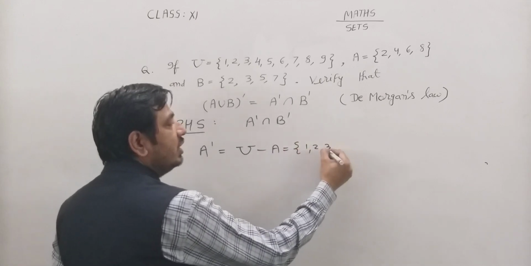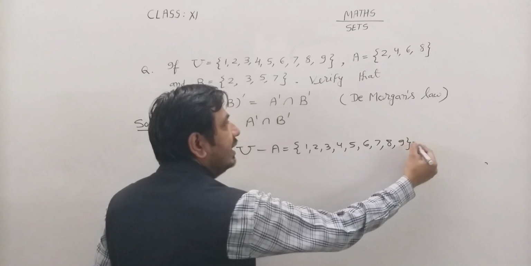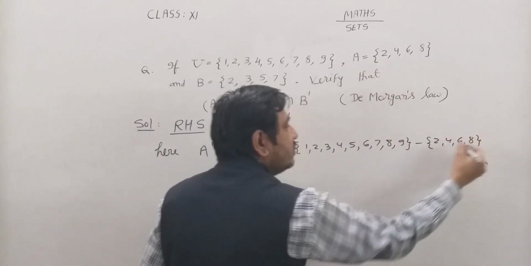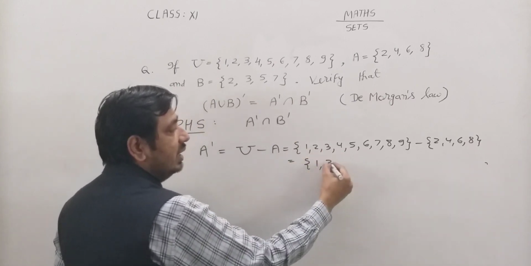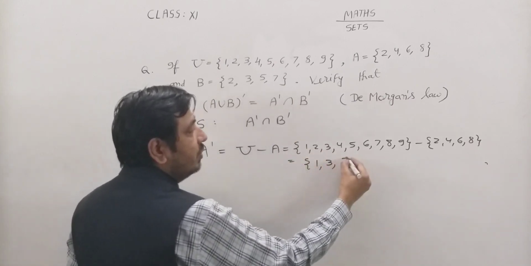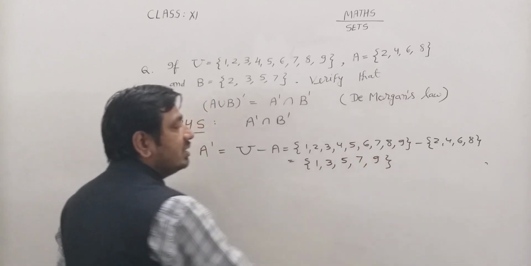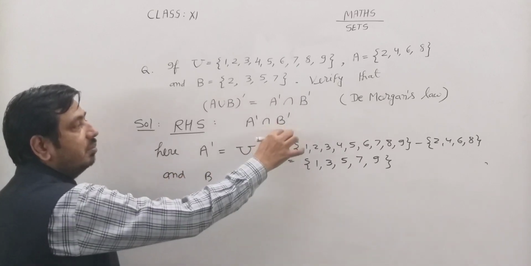The universal is 1, 2, 3, 4, 5, 6, 7, 8 and 9 and A is 2, 4, 6, 8. Class, if you subtract A, 2 and 2 cancel out, 3 is left, 4, 4 cancel out, 5 is left, 6, 6 cancel out, 7 is left, and 9. This is your A dash. Now class, you calculate B dash.